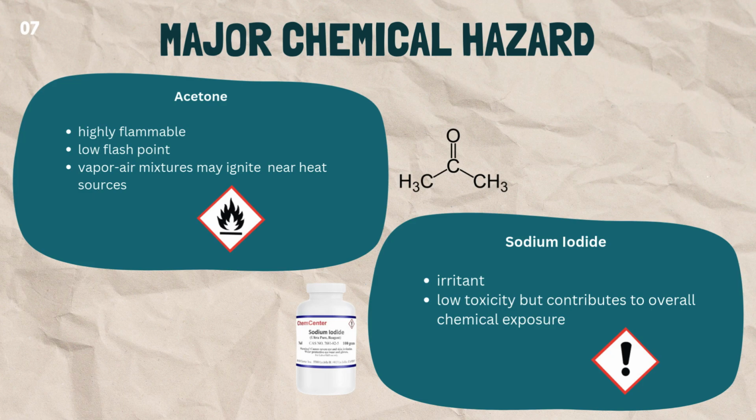Its vapor can easily catch fire near heat or flames, so it must be kept away from hot surfaces. Lastly, sodium iodide. It is a mild irritant with low toxicity, but it still adds to chemical exposure, so it should be handled properly. Overall, knowing these hazards helps us stay safe by using PPE and handling chemicals carefully.